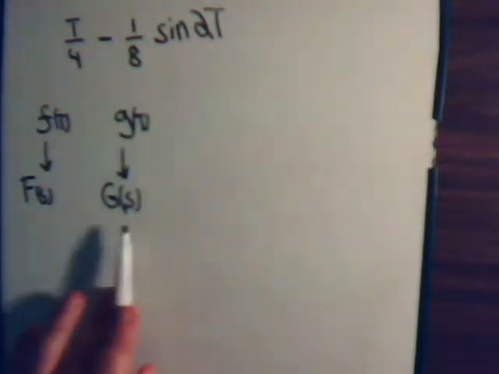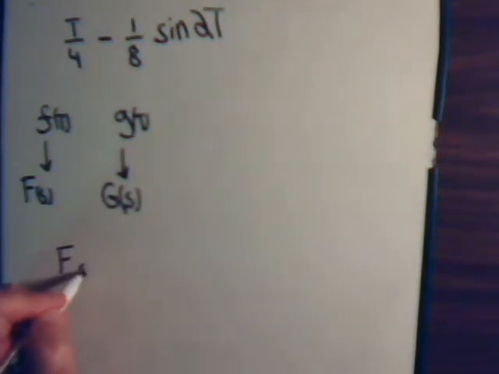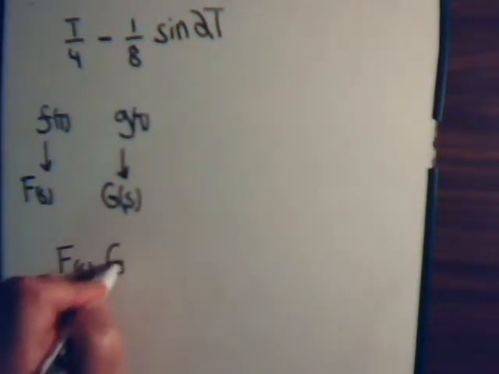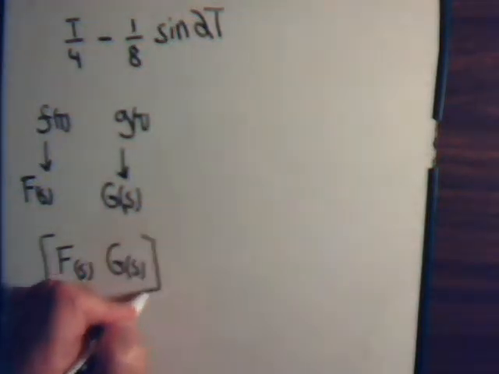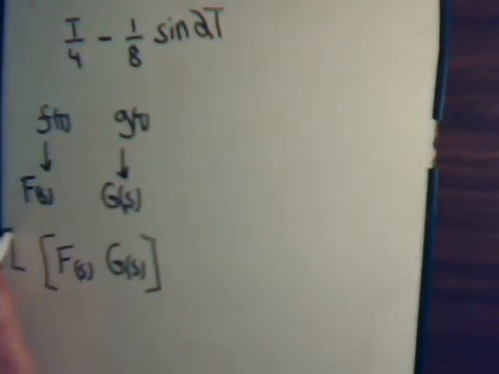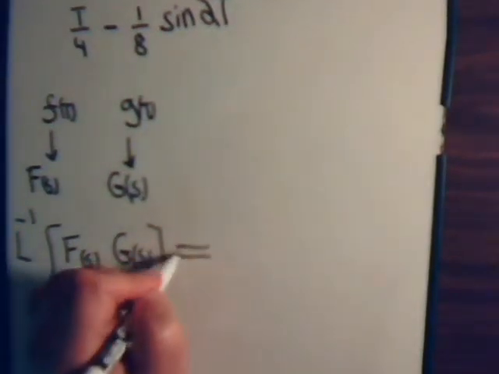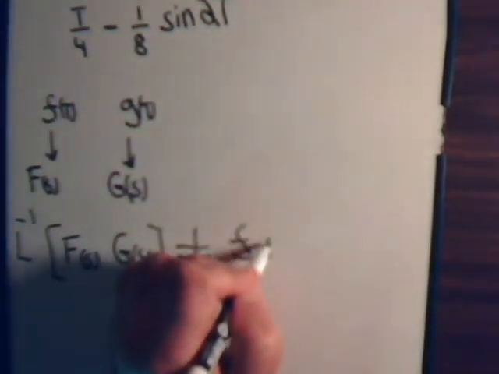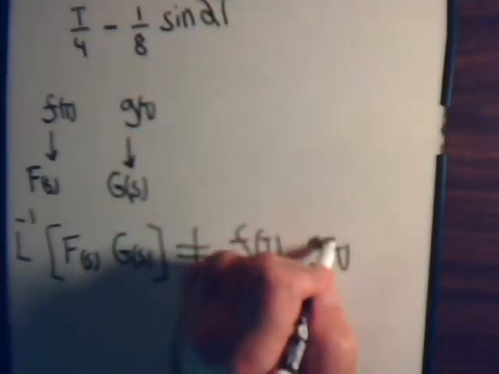If we multiply these together, and then take the inverse Laplace transform, that does not equal f of t times g of t.